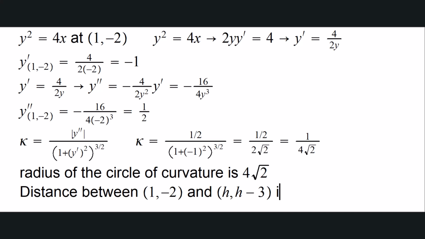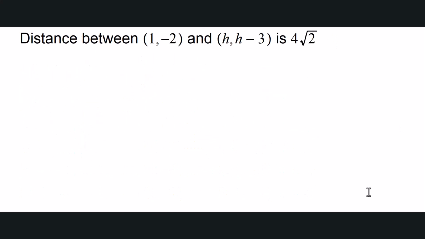So let's form our equation and determine the value of h. Let's scroll up a little. What it means is that (h minus 1) squared plus (h minus 3 minus -2) squared, which is the square of the distance between these two points, would be the square of 4 square root of 2.